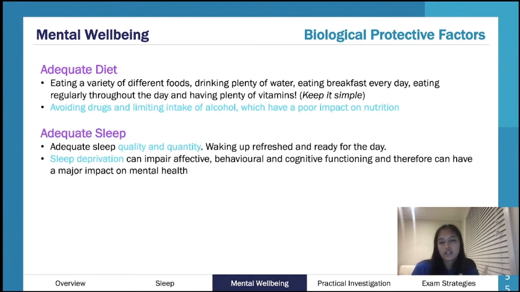I'm sure, honestly, this is probably the easiest part of this area of study because it's very intuitive. So getting a variety of different foods, staying hydrated, enough food intake, enough healthy foods, minerals, that sort of thing. That's what we're thinking about when you think of an adequate, well-balanced diet, and also limiting junk foods, drugs, alcohol, that sort of thing, and keeping nutrition high.